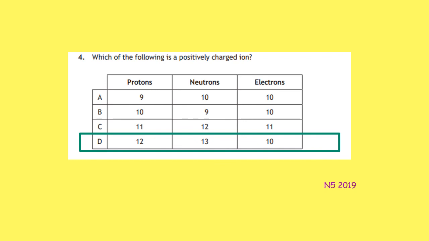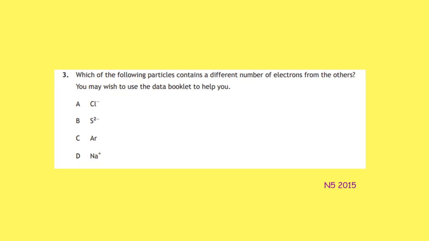You can see in A, B, and C, they do not have more protons than electrons. If you were looking for which atom is negatively charged, you'd be looking for the one that has more electrons than protons, and that would be A. And B and C have the same number of protons as electrons, so that would make them neutral atoms.